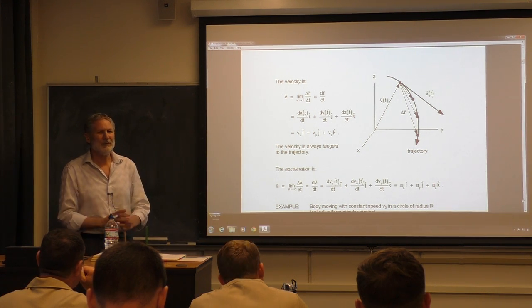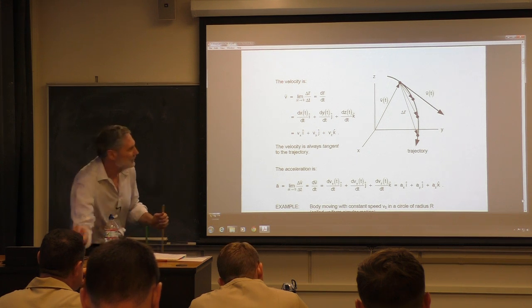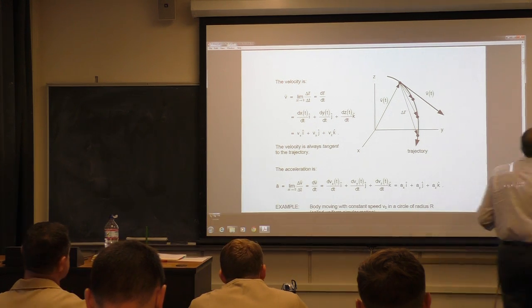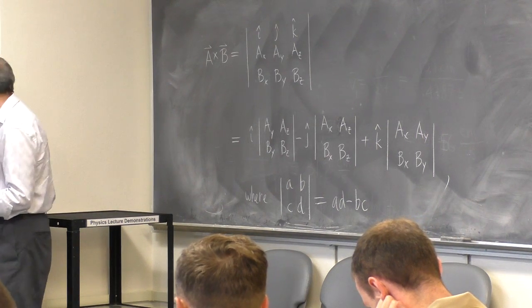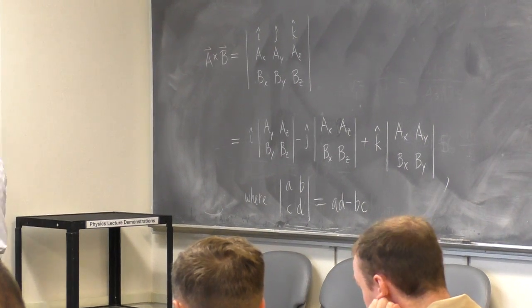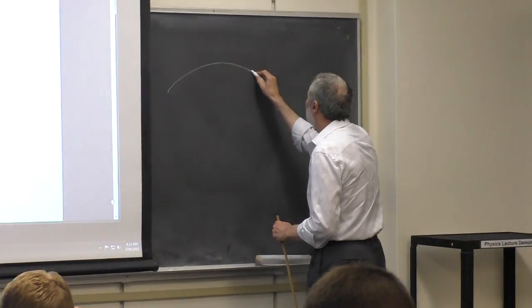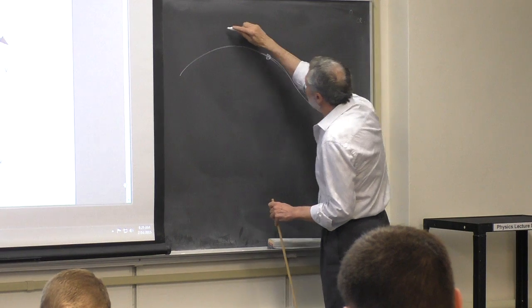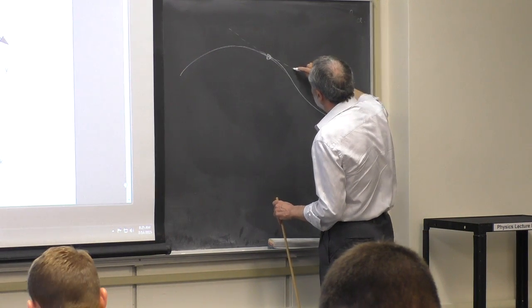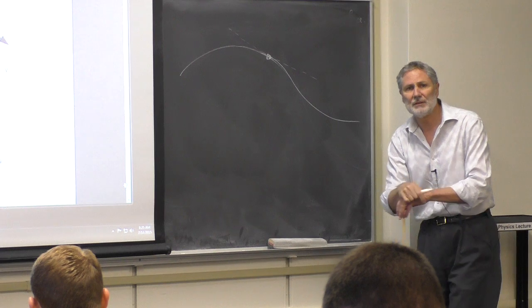Well, we have a word for this. I've got a curve. Whenever I have any smooth curve, and I pick a point, and I want to be general here, what is this line right here? Yeah, we call it the tangent.